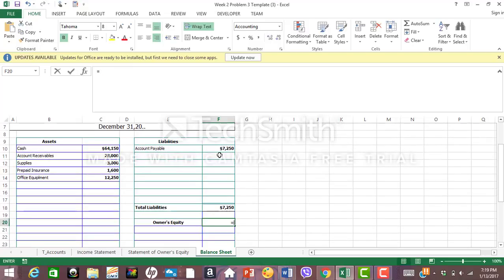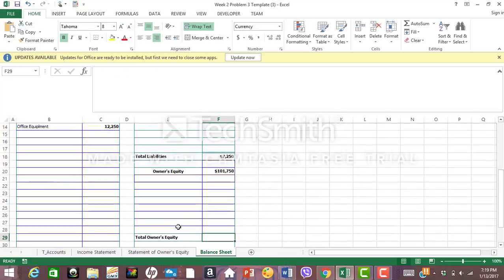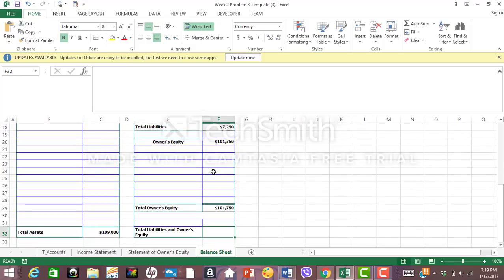Your owner's equity, you go back to the statement of owner's equity, is 101,750. Your total liabilities plus owner's equity is 109,000. So basically 109,000 is equal to 109,000. The left side of the equation is equal to the right side of the equation.